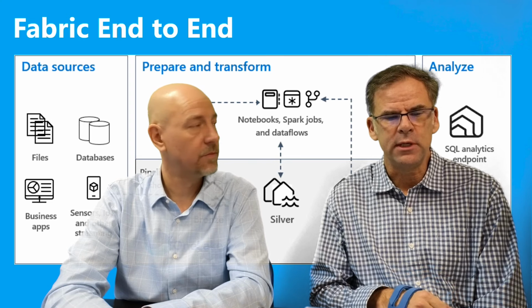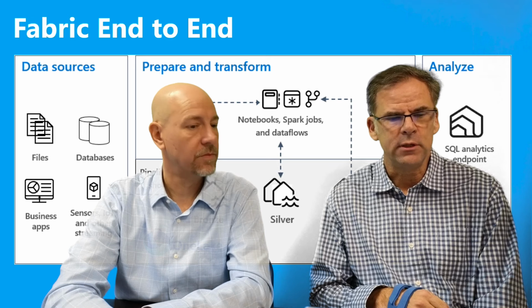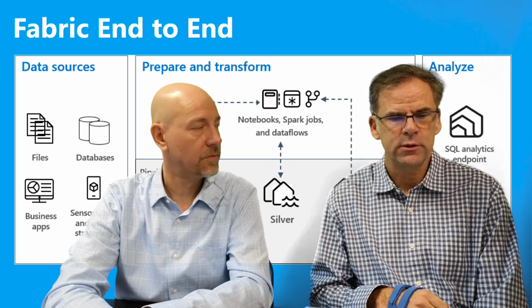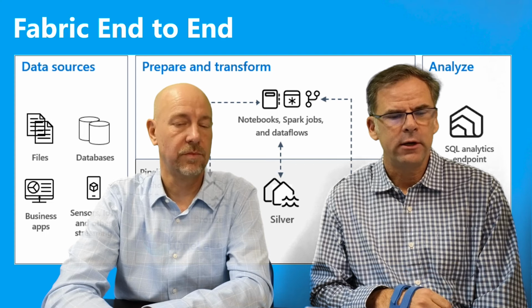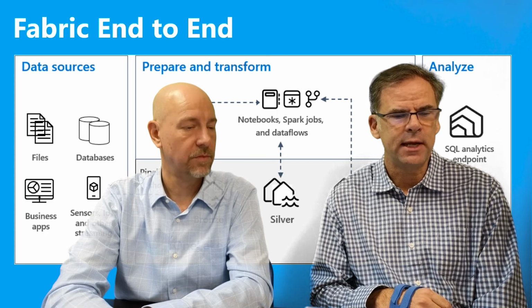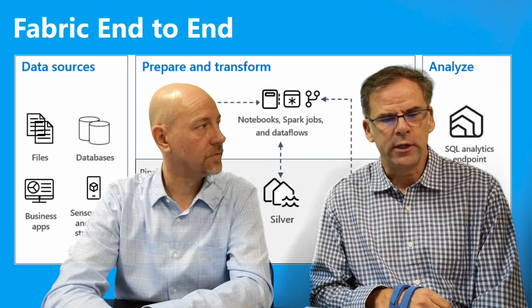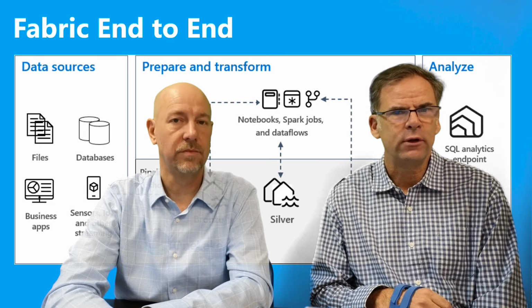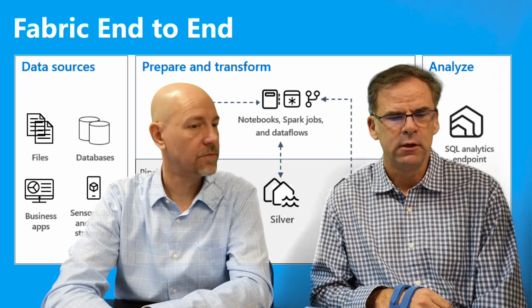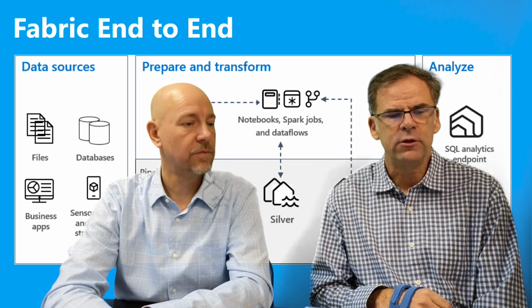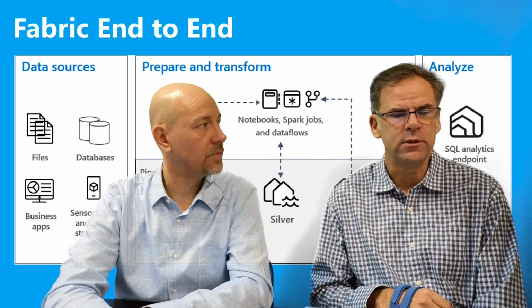Each of those could be lakehouses, or a combination of lakehouses and warehouses, all built in the OneLake platform. The bronze layer is your raw ingested data. If you're querying SQL Server, that would be a copy of the data table. It could be files, like monthly CSV files from a vendor. You could store them just as is in that bronze layer.